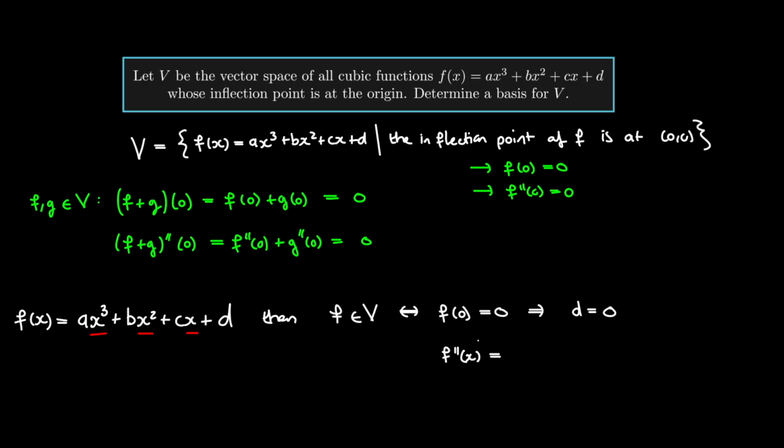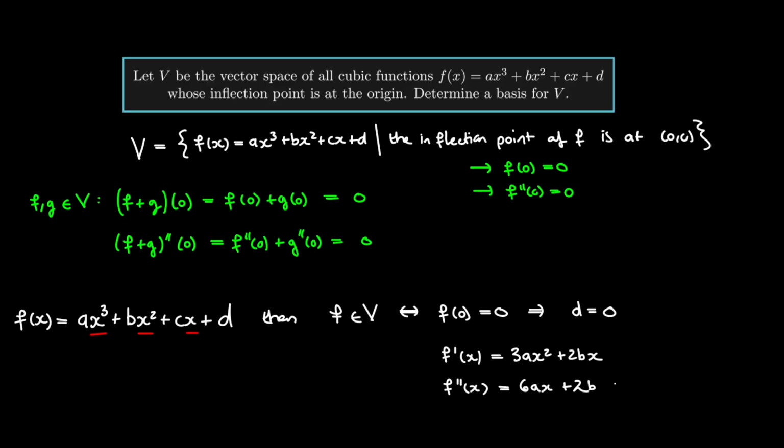Well, let's take the first derivative first. I'm just going to get 3ax squared plus 2bx. And then I take the second derivative, and I get 6ax plus 2b.